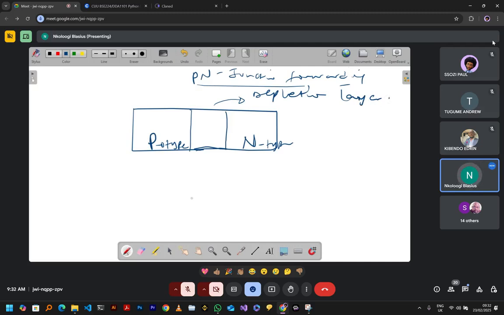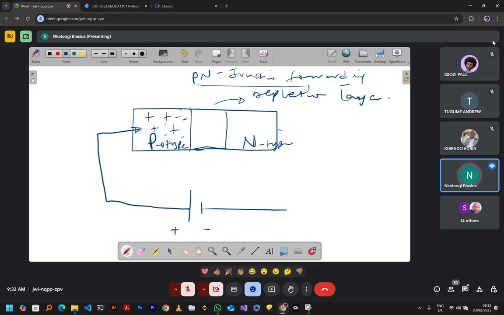You'll always have a battery connected somewhere here. The longer line here is always the positive sign, and this is the negative sign. So if a battery is connected to the P type side here, the P type side always has positive charges as the majority, while the minority are the negative.